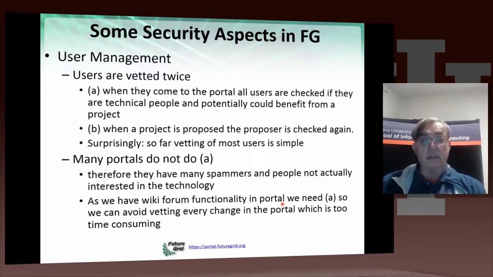When they get through that step, we also double check them when they propose a project, when the proposals are checked again. We have found this surprisingly easy and successful, and we think that maybe other systems should follow us in this fashion. So we do not get spammers actually logged into our system, even to our portal, which means we can have wikis and things like that updated by our users in this relatively safe fashion.